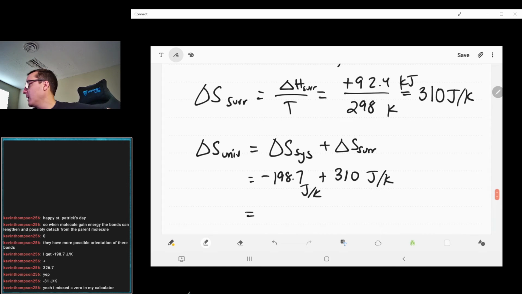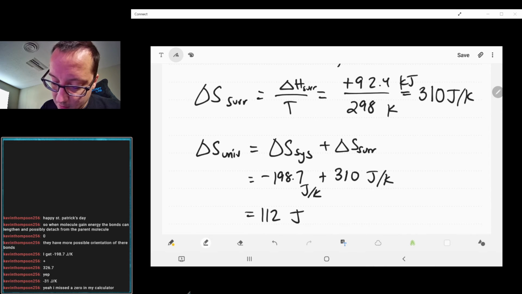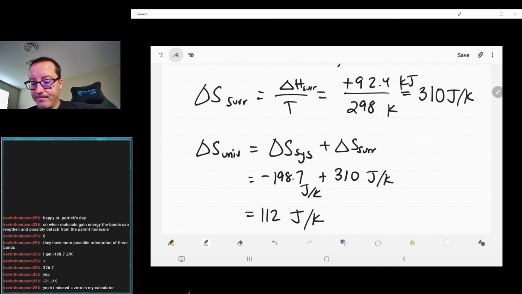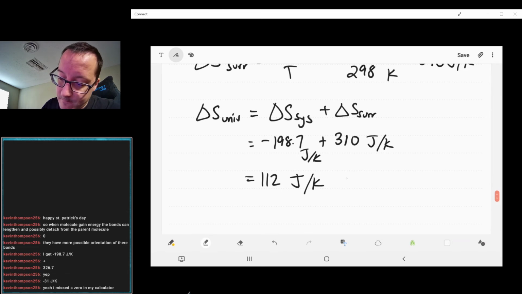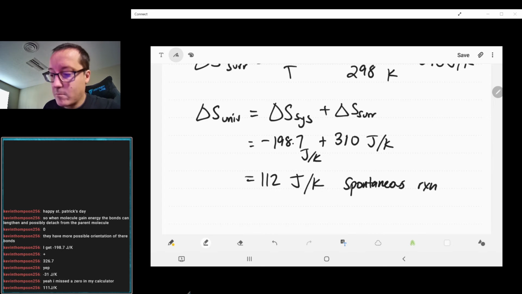If we could have this answer here, I believe it is 112. Which tells us, what does this tell us? This tells us it's a spontaneous reaction, right? Okay, close enough.